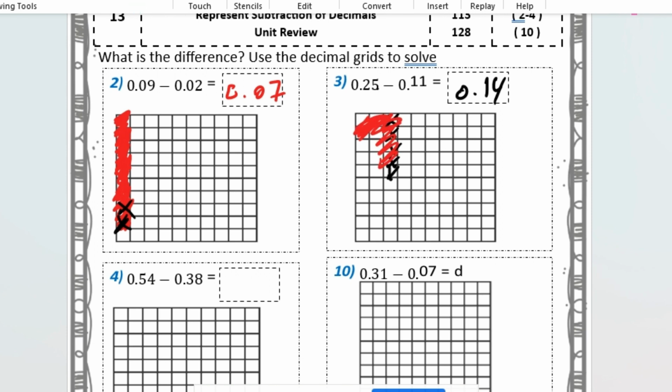Let's just delete everything here, and now you just take away 11, which is the first row plus 1.